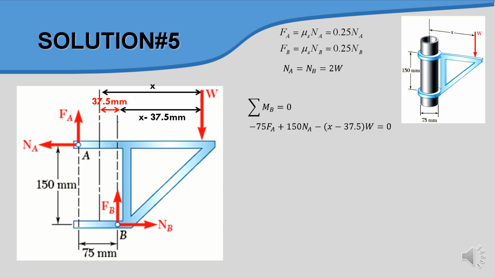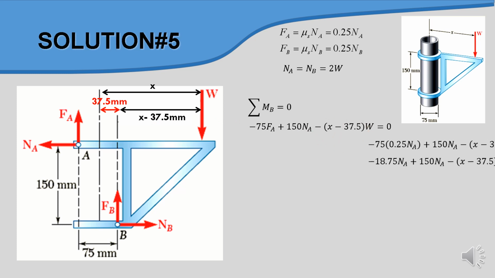So for the moment at point B, we have three forces which come from NA, FA, and W. For FA, we assume that the moment is counterclockwise, so FA gives negative 75 FA. From point B, FA is at a distance of 75 here, and then we add 150 NA, because NA is at a distance of 150 from B, and we subtract W, whereby the distance of W is X minus 37.5, which is here.